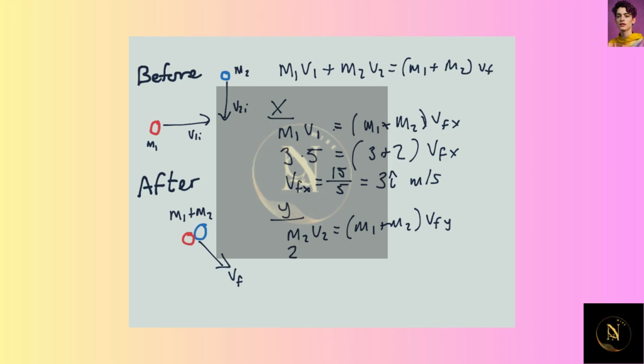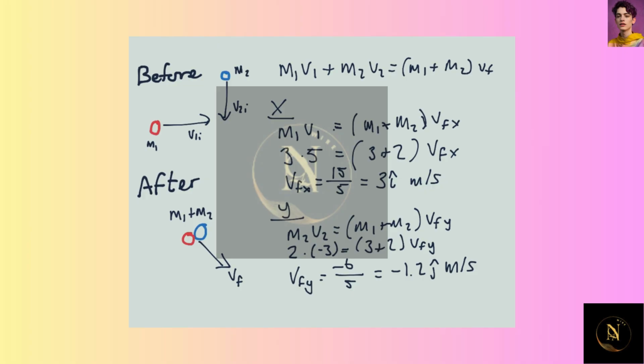Here we have 2 times negative 3 equal to (3 plus 2) vfy. So, rearranging again in a very similar way, vfy is equal to negative 6 over 5, which is equal to negative 1.2 j hat, because it's in the y direction, meters per second.